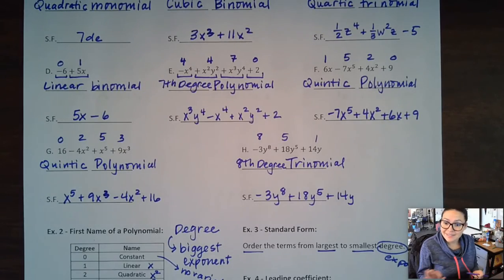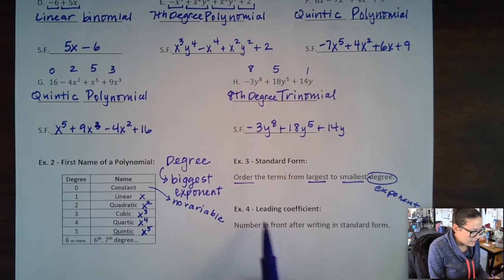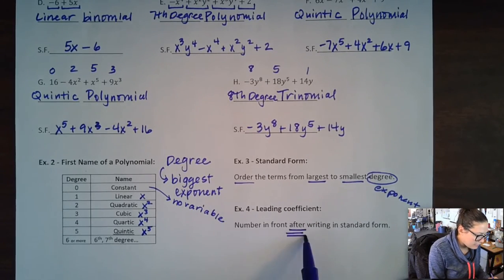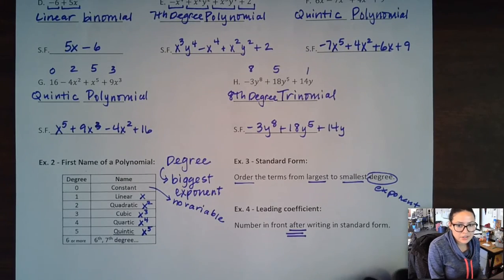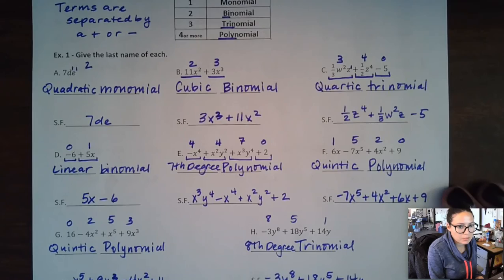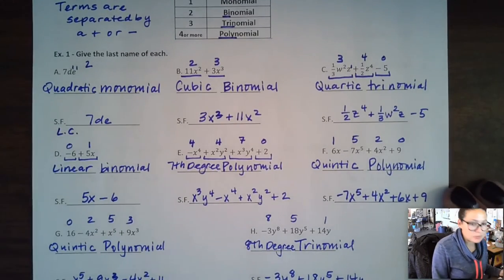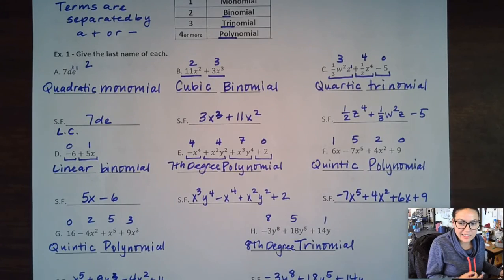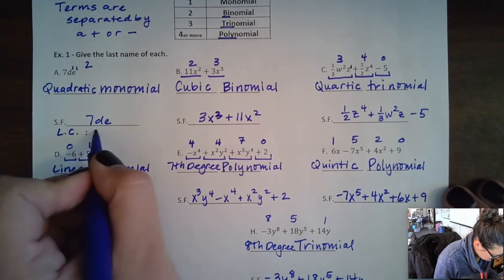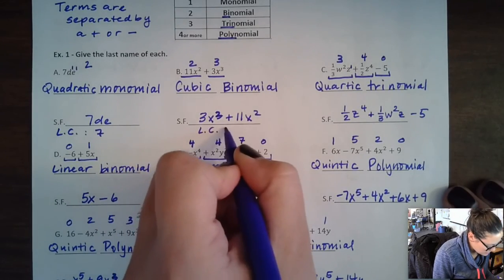All right, last idea is the leading coefficient. The leading coefficient is the number in front after writing in standard form. So once it's in standard form, then we can look at the number in front. So for us here, our leading coefficient, I'm just going to shorten it to LC for leading coefficient, is 7. Here, my leading coefficient is 3.